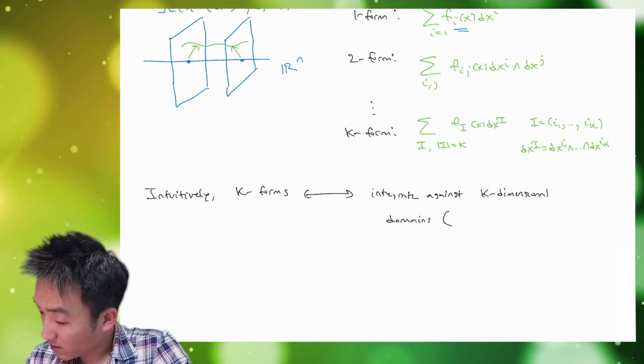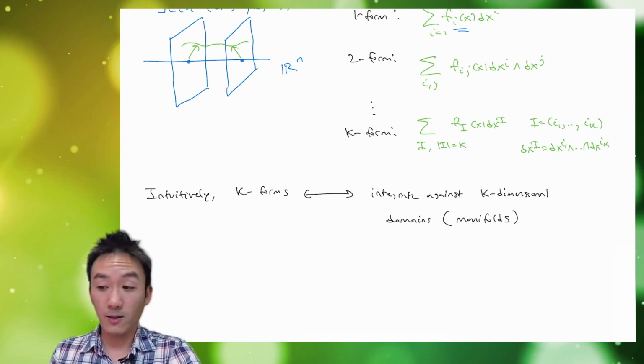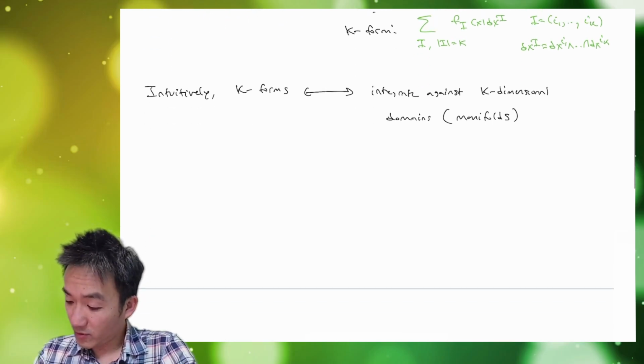And what I really mean here are manifolds, which I'll return to in a moment. But essentially, you should think of k degree differential forms, or just k-forms, as things which you can integrate against k-dimensional spaces. And by integrate, I mean you take that space and you return a number, right? Because an integral is something that takes an object and returns for you a number, the object being the expression inside that integral.